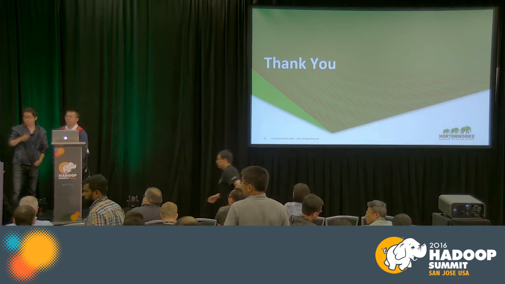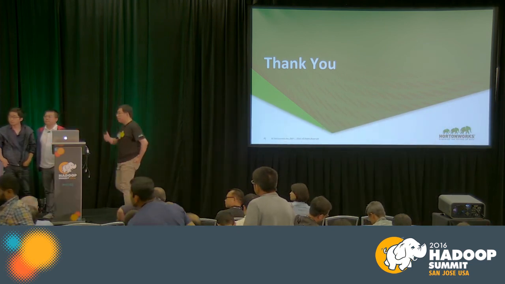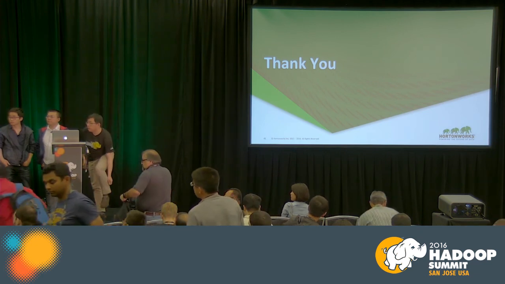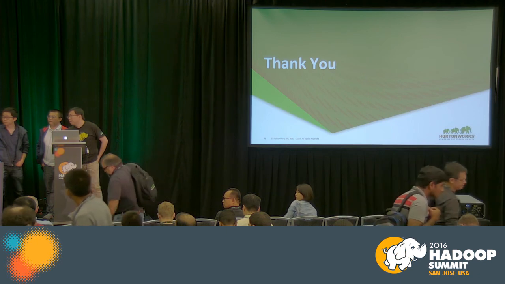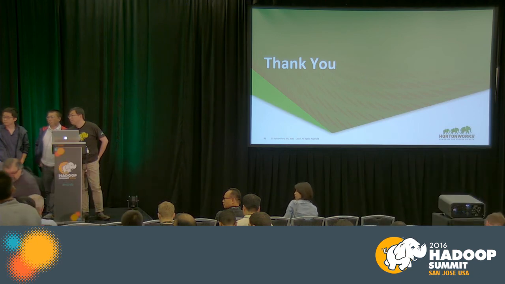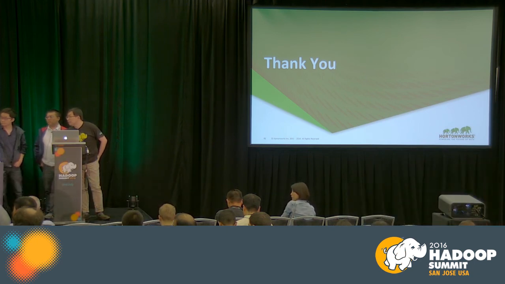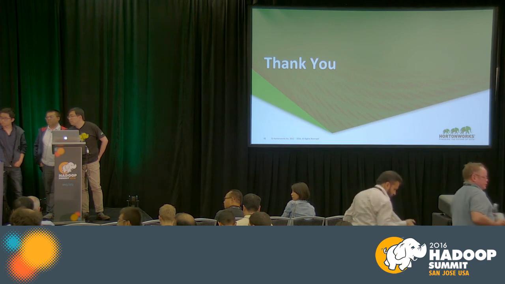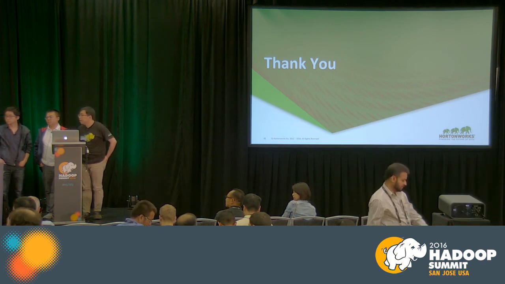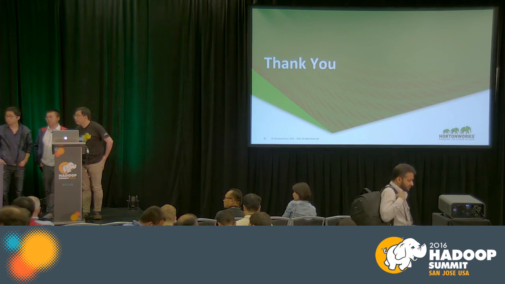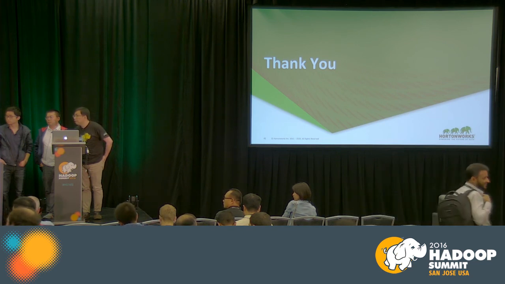I deal with debugging YARN on a day-to-day basis. One of the problems that we run into is that only a system admin having full SSH access to where YARN is running is the only place to debug it.